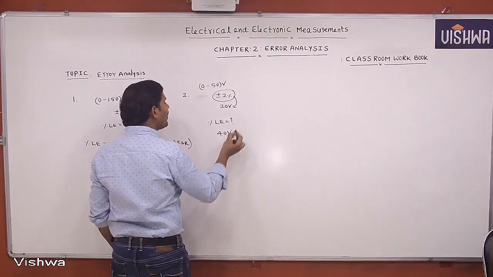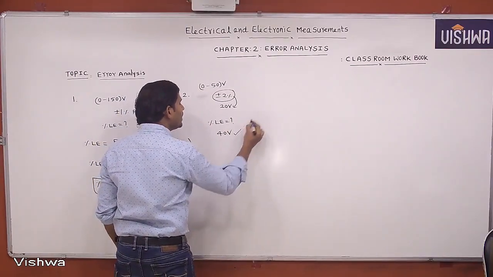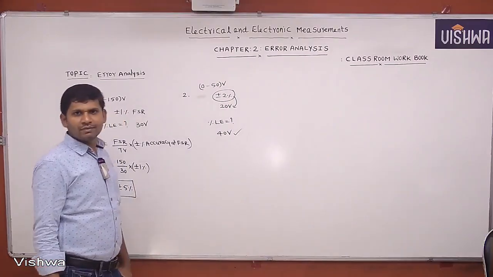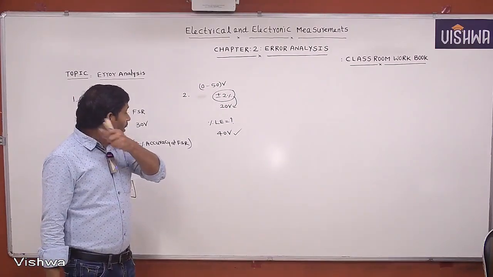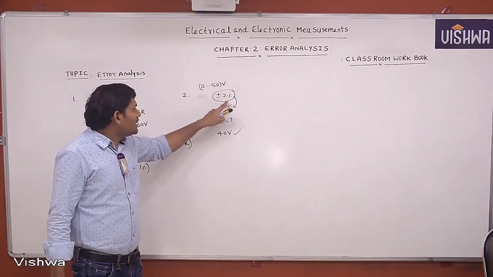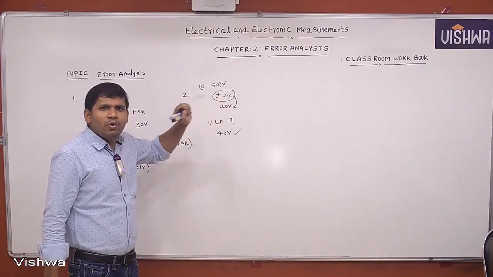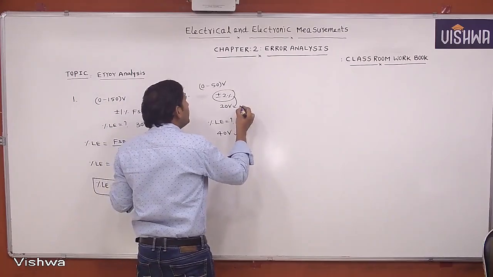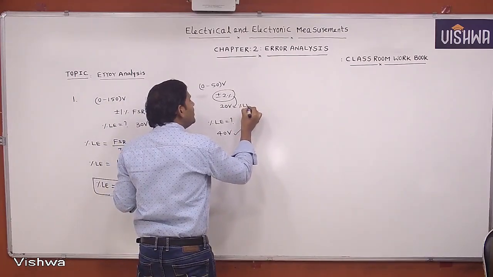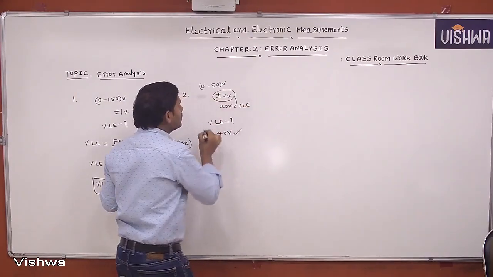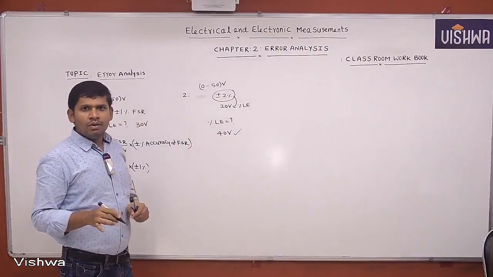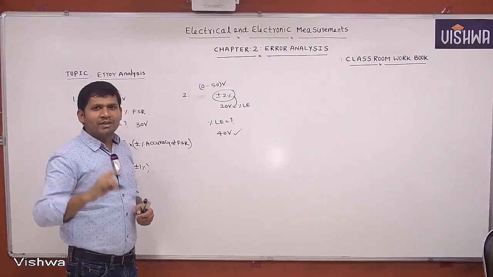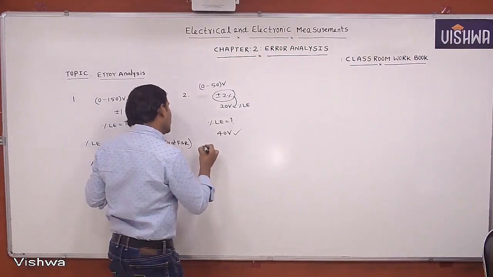Then calculate percentage limiting error in the measurement of 40 volts. That means the given error is the percentage limiting error at 20 volts. Then we calculate percentage limiting error at 40 volts. We can solve this problem in two methods. One method I am explaining like this.